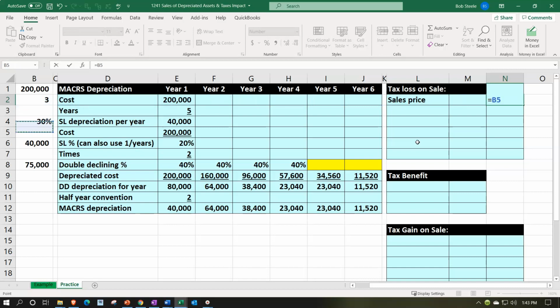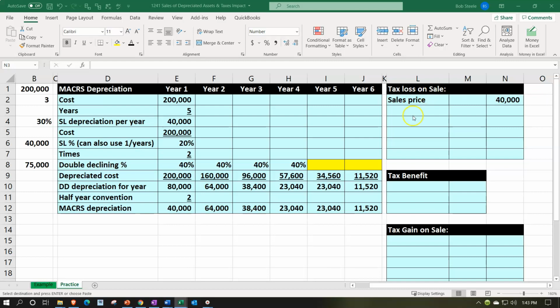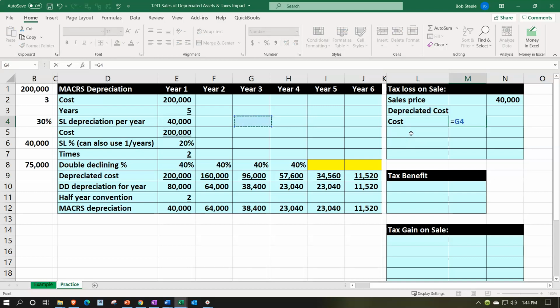That's our first assumption. We sell it for $40,000, and then we have the depreciated cost, which is like the book value on a tax basis, meaning the cost minus the accumulated depreciation. So the cost of this thing was 200,000. And then I'm going to call it less ACC depre, which is accumulated depreciation, the depreciation up to the 3 years.